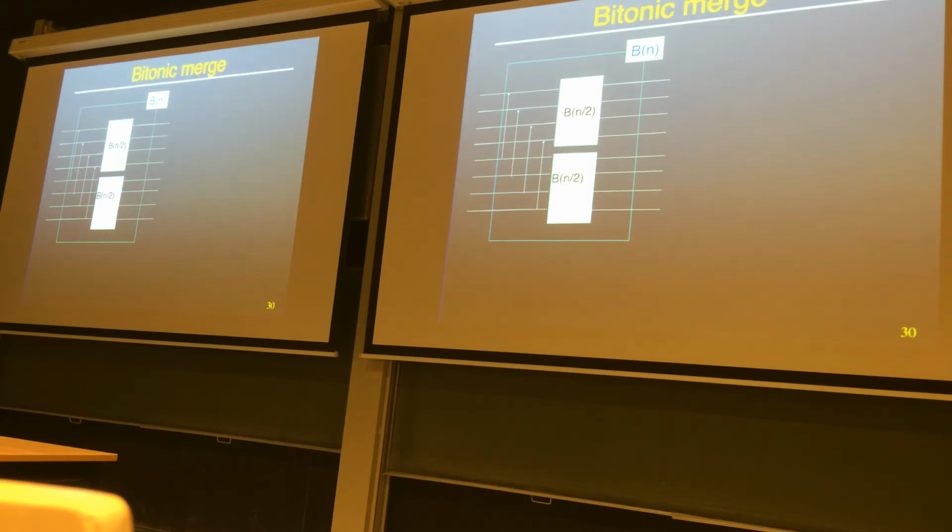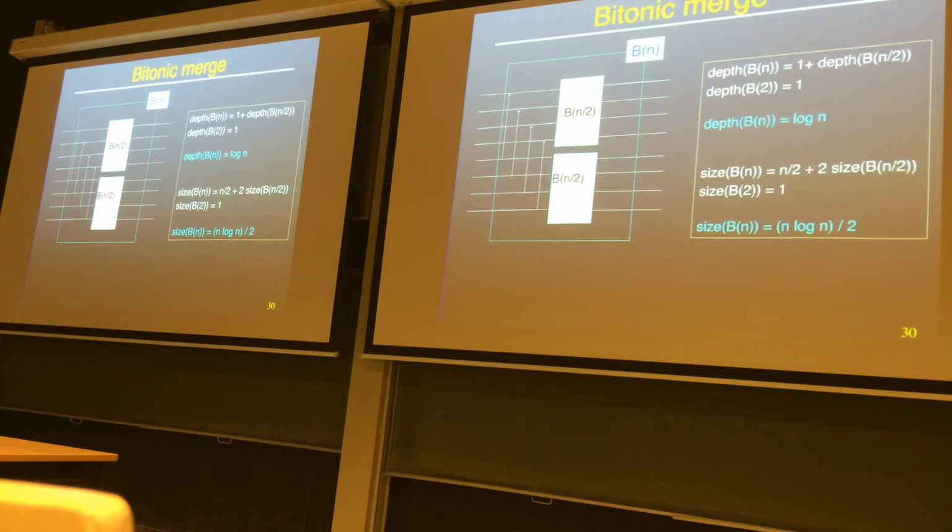You feed the first half to a Bn divided by 2 network. You do the same with the second network, and the resulting output here is a completely sorted variant of your original input. And of course, by unfolding, you obtain your complete network design.